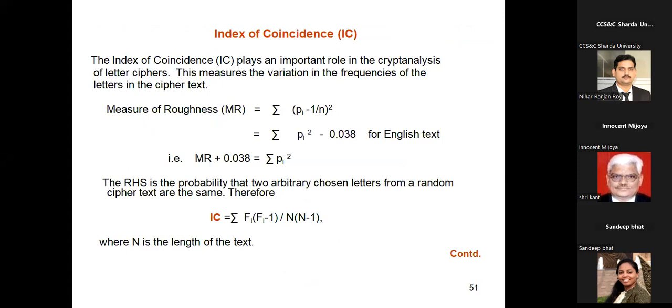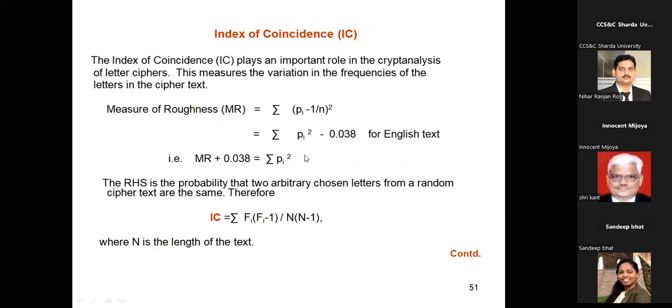Another mathematics used is called index of coincidences. For the index of coincidences, you just simply put one message below another message and see how many places they are similar, and then we compute this measure, and this measure is called the measure of roughness.